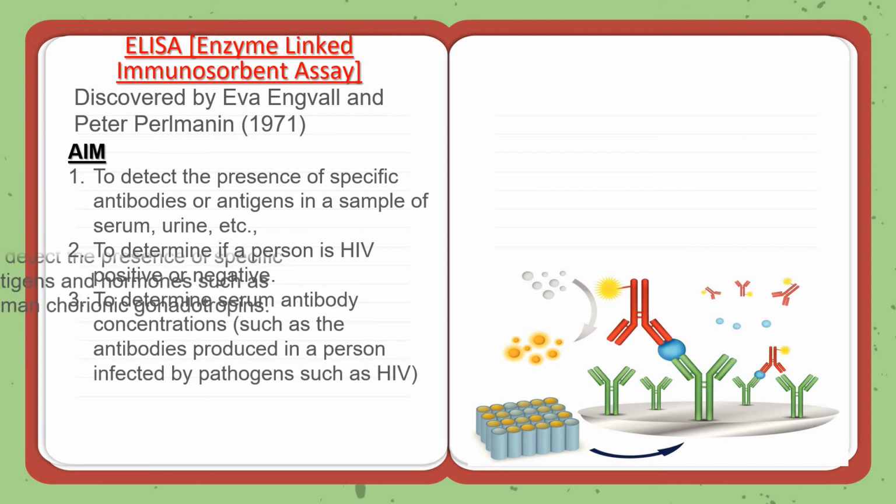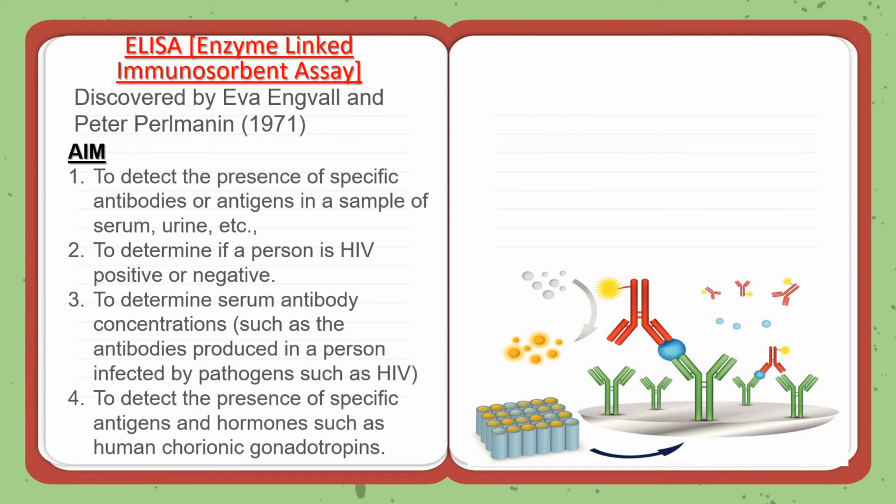What is the aim of this ELISA technique? To detect the presence of specific antibodies or antigens in a sample of serum and urine. When the doctors collect the serum or urine, they can easily identify the particular antibodies or antigens by the ELISA method to detect if a person is HIV positive or negative.